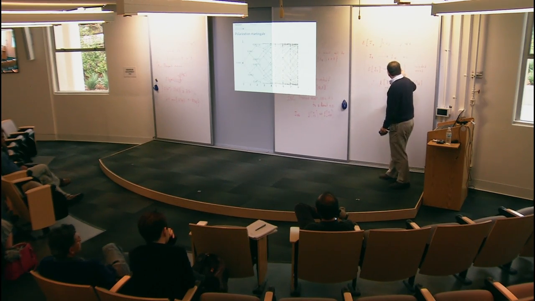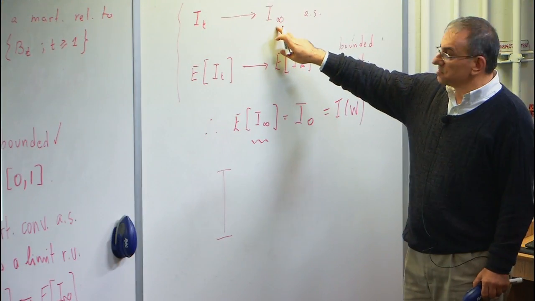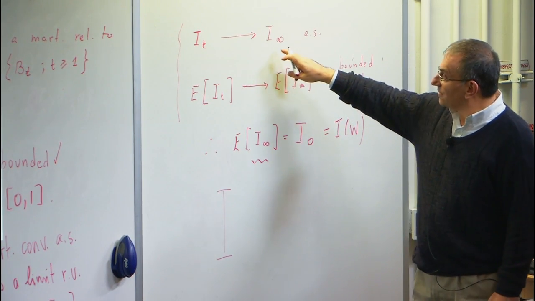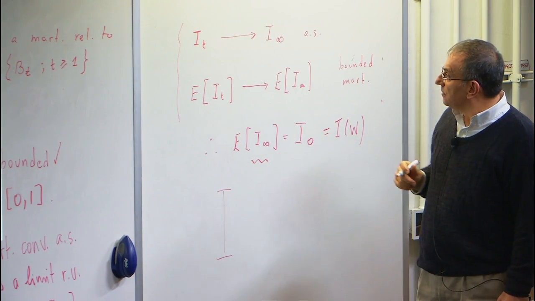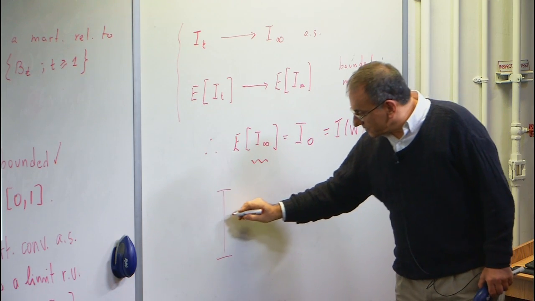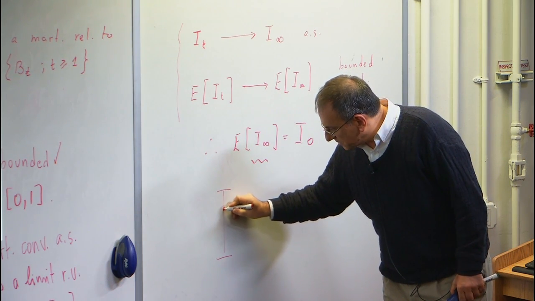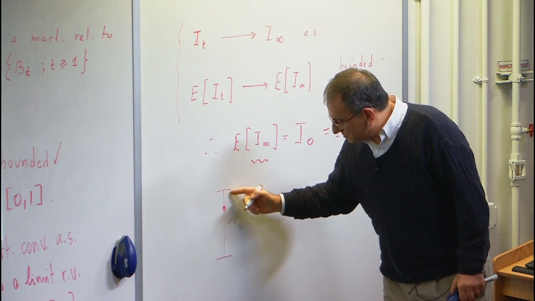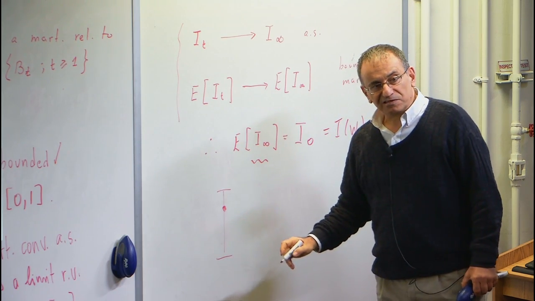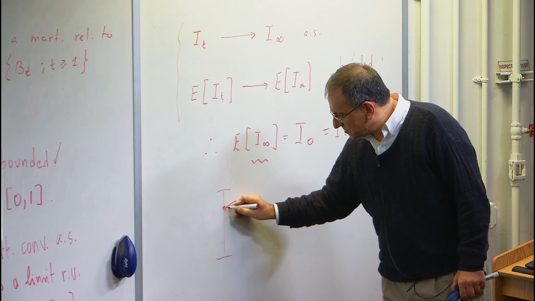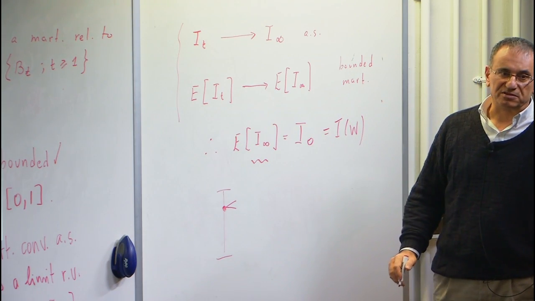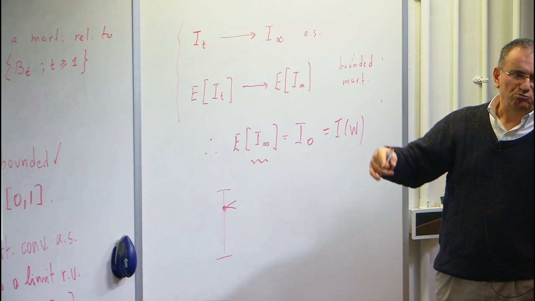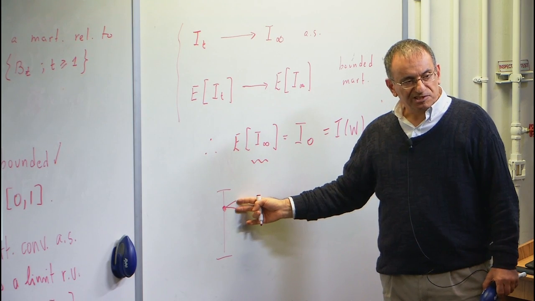We know that there is this limit, I_infinity. The process cannot settle somewhere strictly between 0 and 1. The reason is that's not a stable equilibrium point for this process. You iterate one more step, you get splitting.